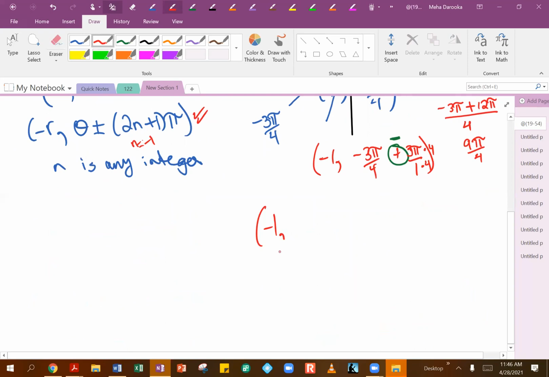So if we did -1, 2 times -1 will be -2. -2 plus 1 will be -1. So what if we added a negative pi to this? What would we then end up getting over here?